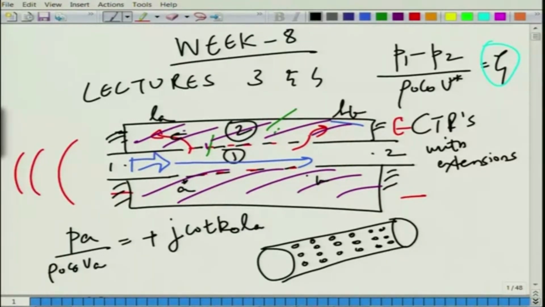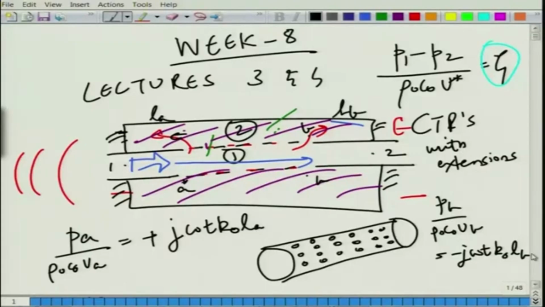Similarly, at point B, we have P B by rho naught c naught U B. The direction of velocity is not a problem, we just have L B.